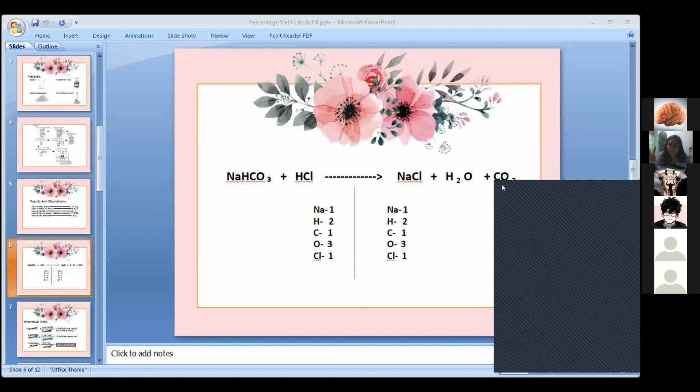Because when you say theoretical, it is supposedly what you get first based on the balanced equation. So you don't start computing if your equation is not balanced. And then the actual yield is the yield we get during the actual experiment.